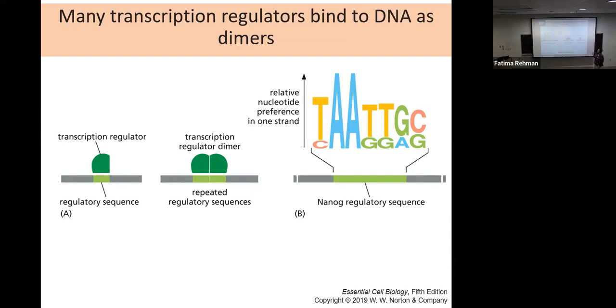But to get the full activation effect, you need repeated regulatory sequences to recruit two of them coming together as a dimer. And once it is there together as a dimer is when you get the full functionality and the full effect. So here is one of those sequences that is shown in the genome.